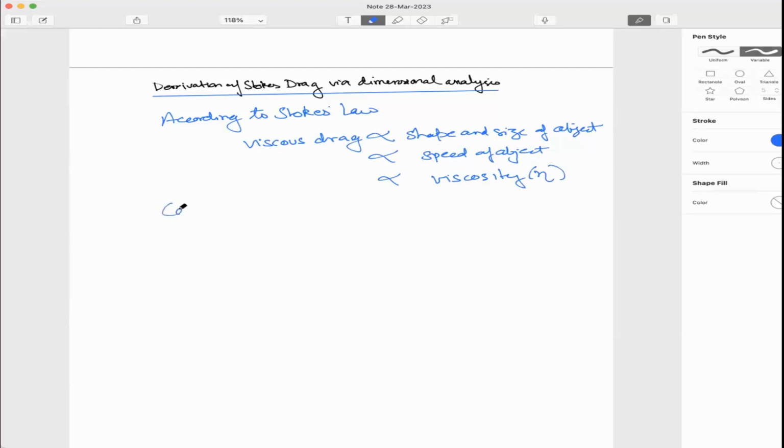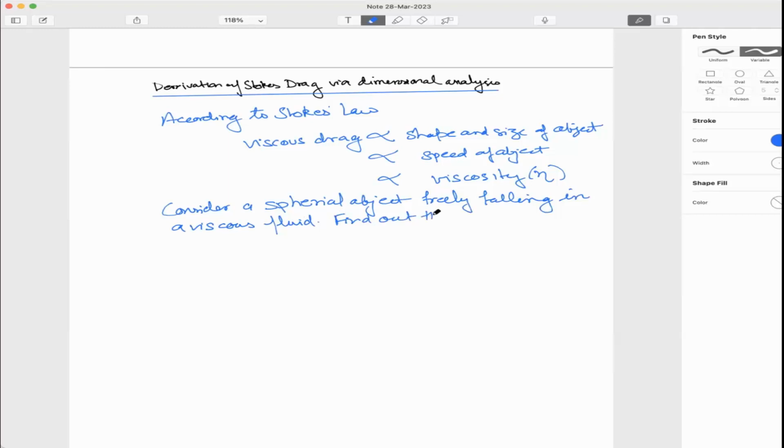So consider a spherical object freely falling in a viscous fluid. Find out the drag acting on it.